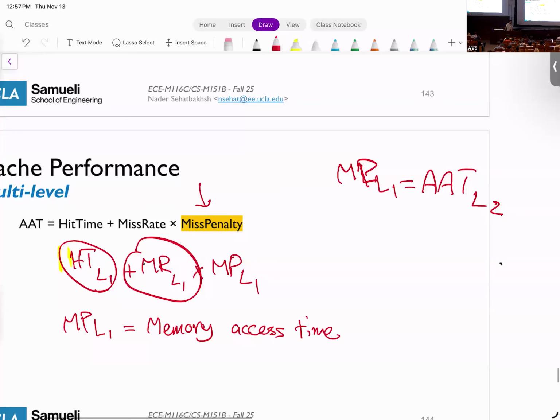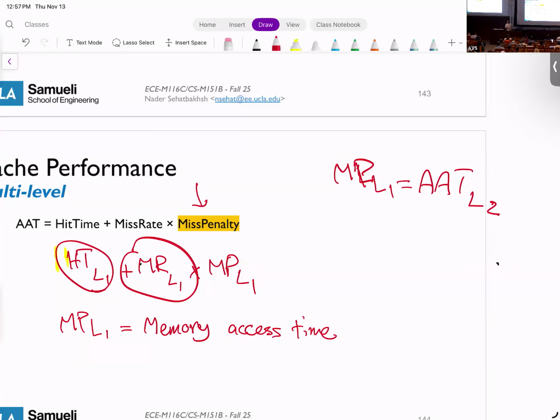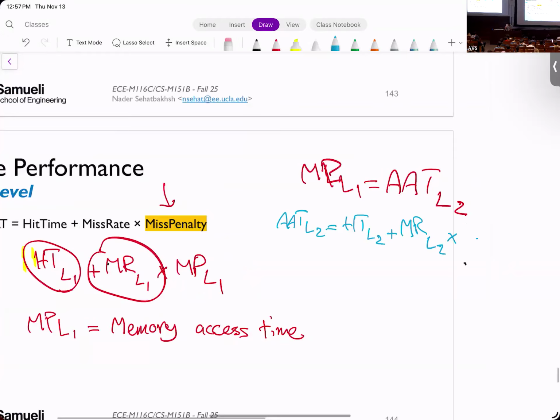It would be the hit time of level 2 plus the miss rate of level 2 times the miss penalty of level 2. If I have, let's say, 4 layers of cache, this story continues. So essentially, the average access time of my level 2 is my hit time of level 2 plus miss rate of level 2 times miss penalty of level 2, and then the miss penalty of level 2 is equal to the average access time of level 3, and so on and so forth.